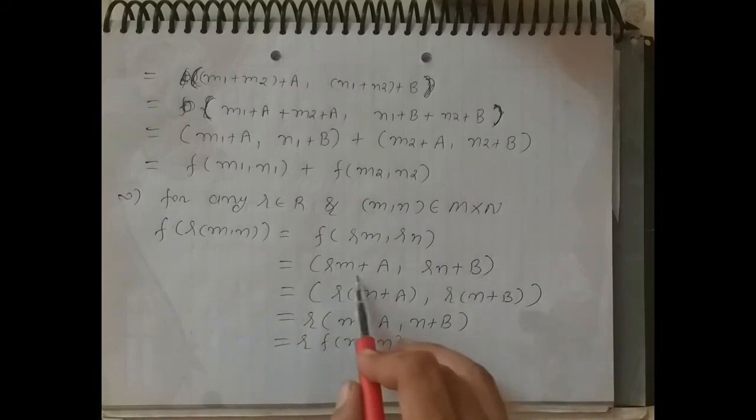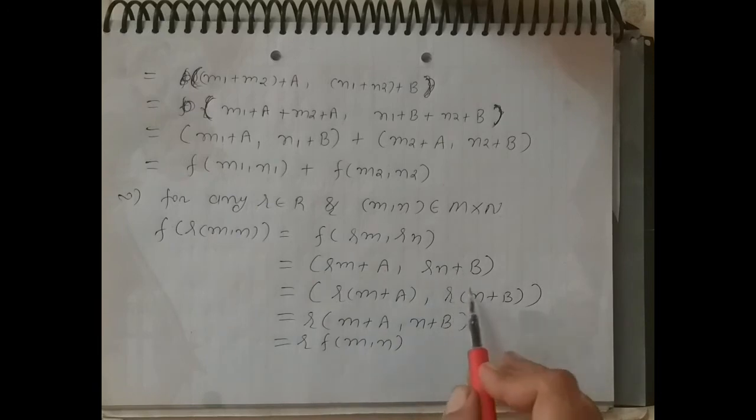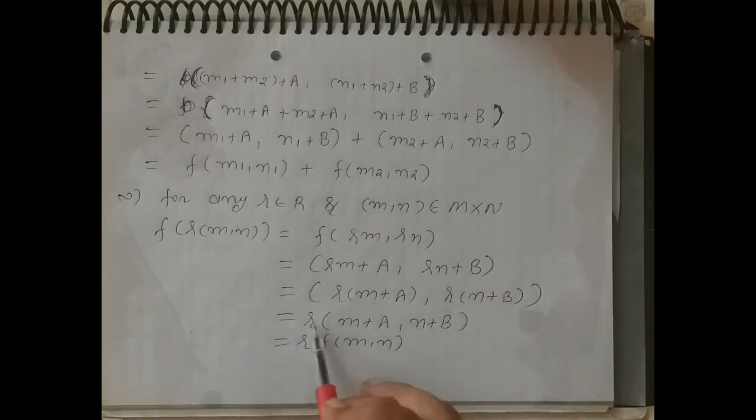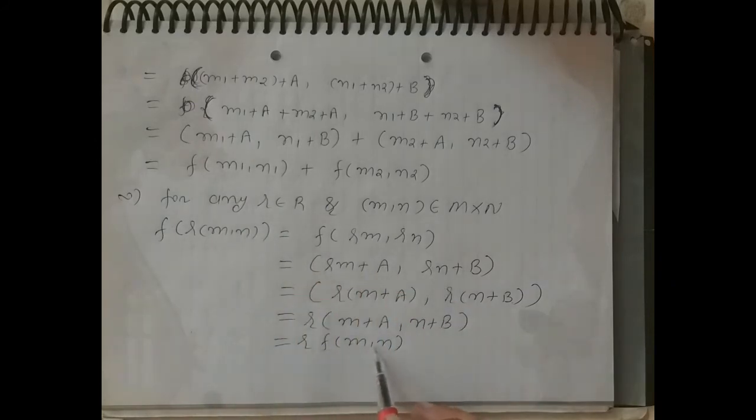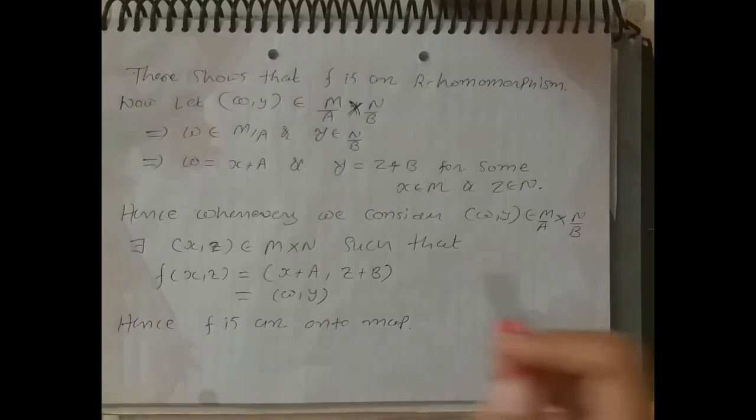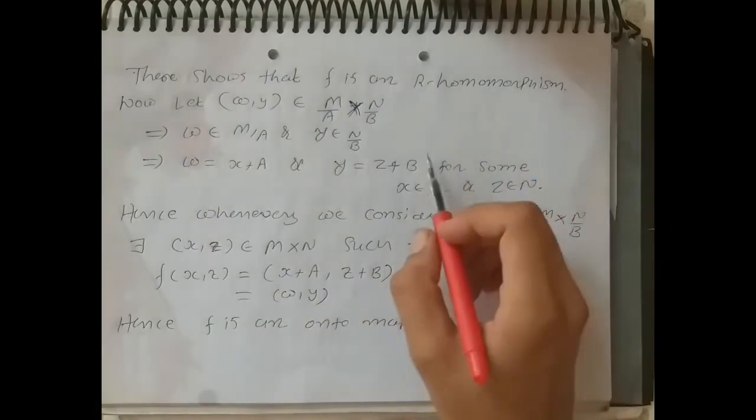Now this can be written as rm plus A and this as rn plus B. Take r common, so we get r times (m plus A, n plus B), so r of f(m, n). So we get f of r(m, n) is equal to r f of (m, n). This shows that f is an R homomorphism.